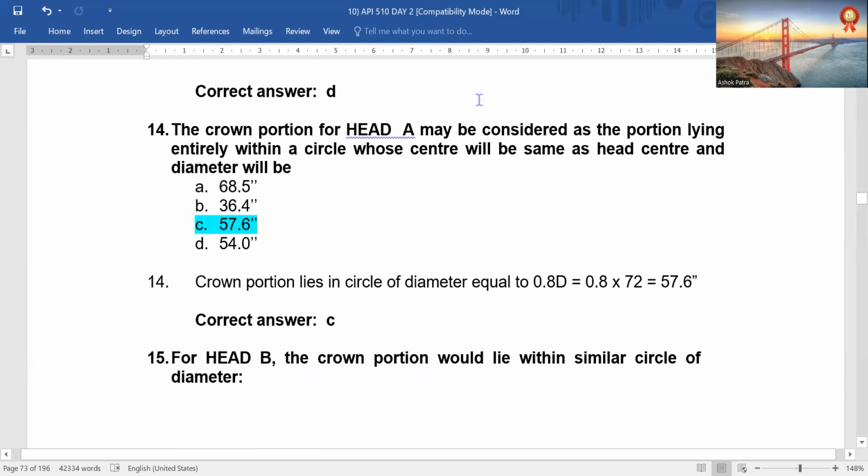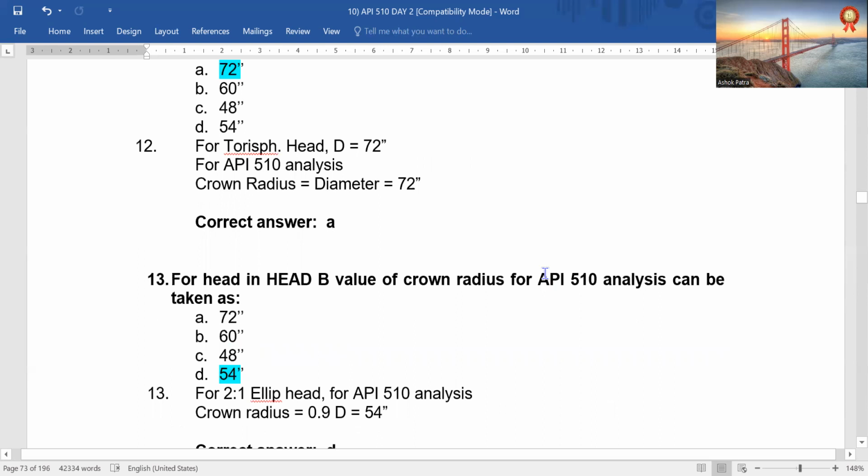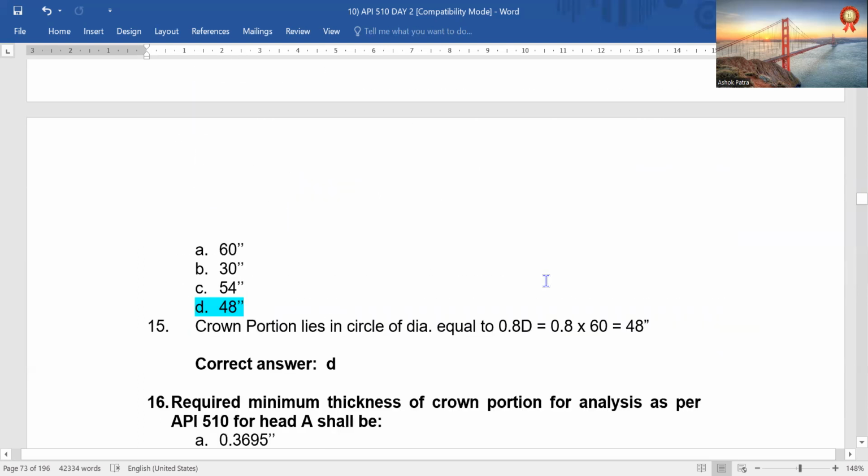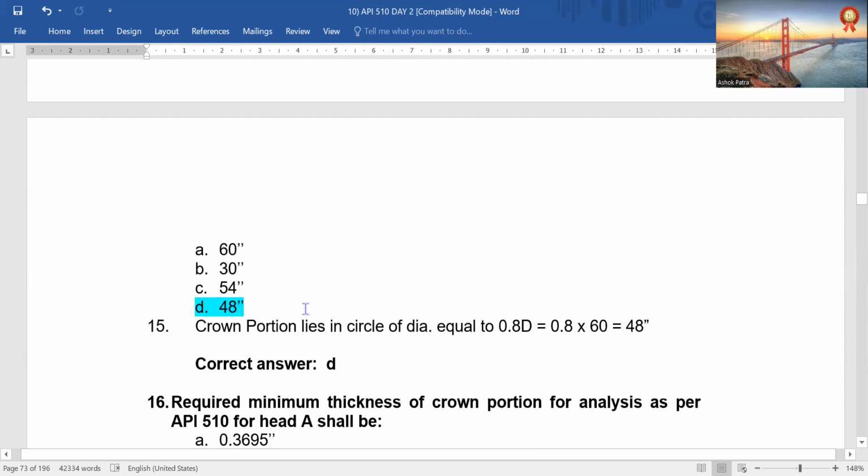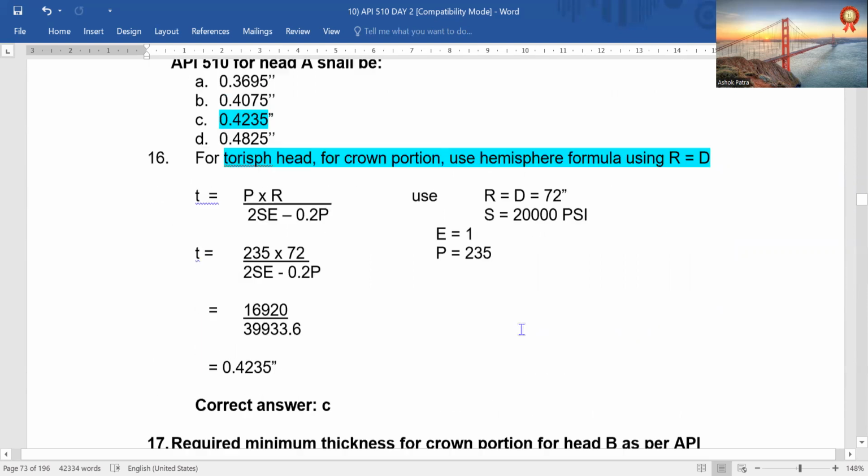Crown portion of head A may be considered as the portion lying entirely within the circle 0.8 D. That is A. Then head B, crown portion would lie within the similar circle of diameter 0.8 D. Require minimum thickness.